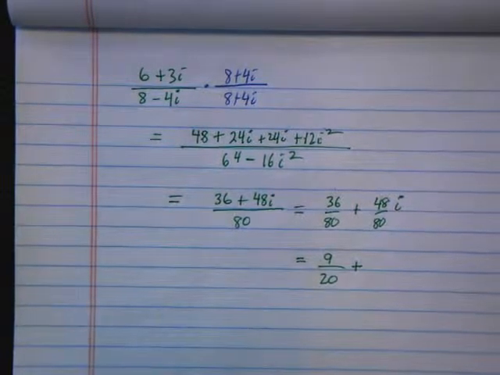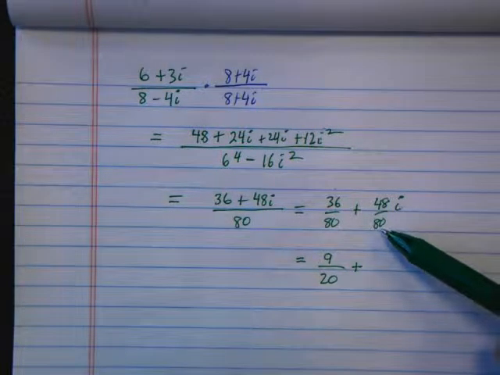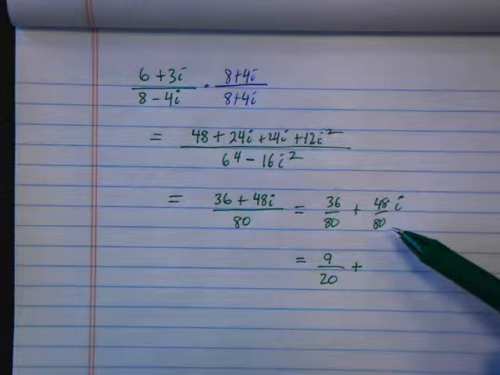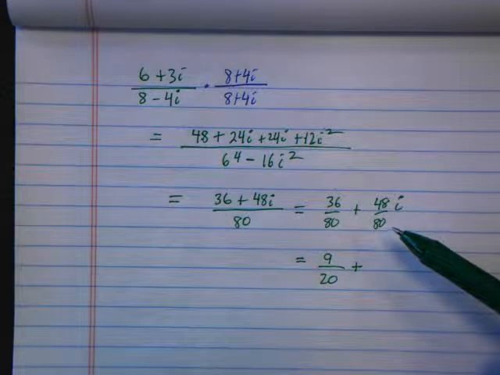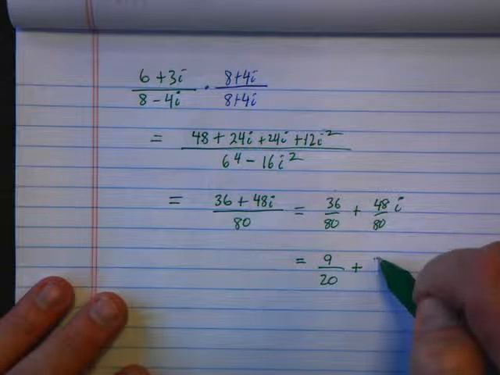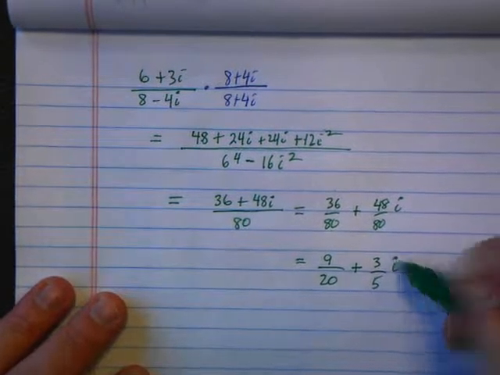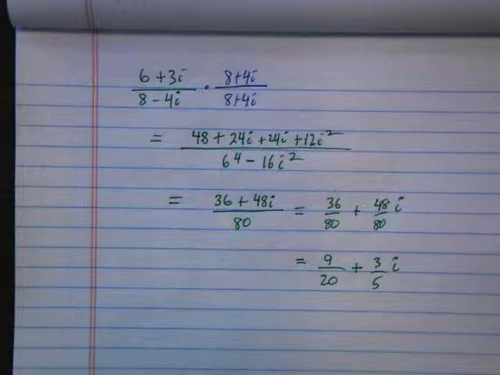Plus, how about 48 over 80? 8. That's 48 divided by 8, 6. And then 80 divided by 8 would be 10, so that would be 6 over 10. But 6 over 10 reduces more to 3 over 5i. I think that's the answer my lab would force you to put in. It would want all your fractions reduced.